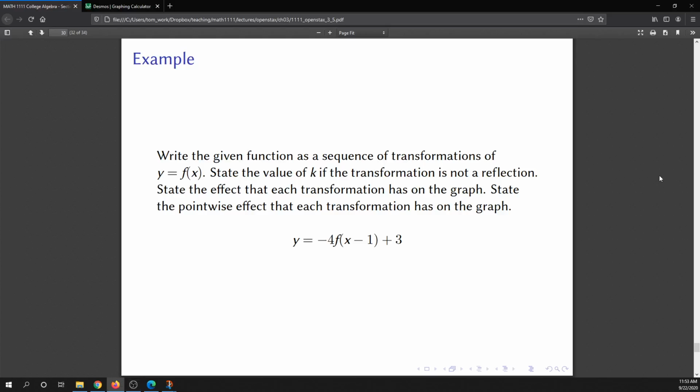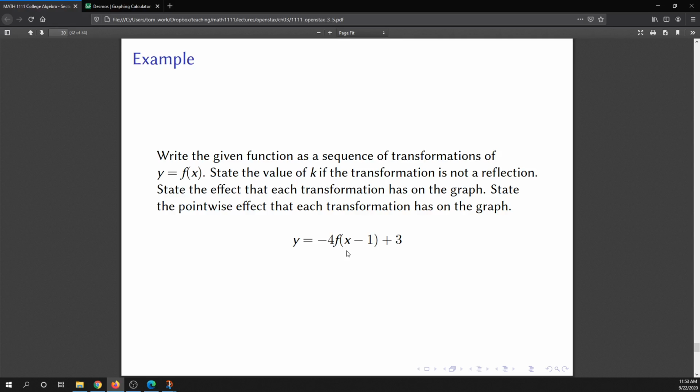All right, in this video, we're going to work through one more example about function transformations. This one is the most complicated one. It involves quite a few transformations, and in particular, it involves a vertical shift and a vertical stretch or shrink.